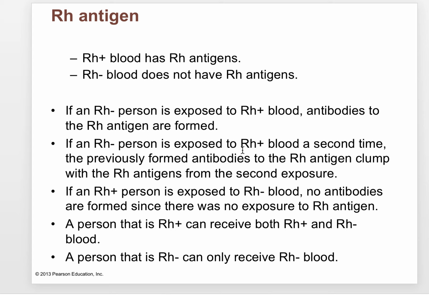The second time around they have a much stronger immune response. And so the second time they're exposed to the Rh positive blood, they form an antigen antibody reaction and clump the cells together, and then they're marked for destruction.